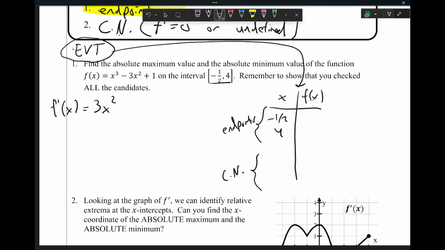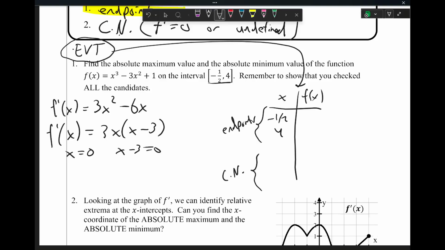So sometimes the derivative is done for us in this section. Sometimes we've got to take the derivative and solve. Honestly, a lot of this section is kind of combining your solving of equations in Algebra 2 with the derivatives we did in Unit 2. Now, as it stands, I couldn't tell you where the biggest and smallest is, but I can tell you it's going to either be at x equals -1/2, x equals 4, x equals 0, or x equals 3.